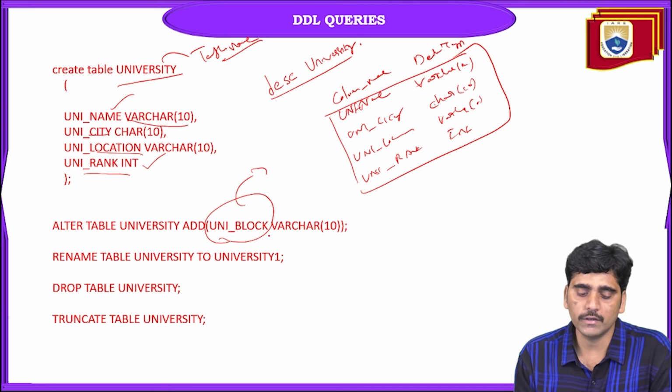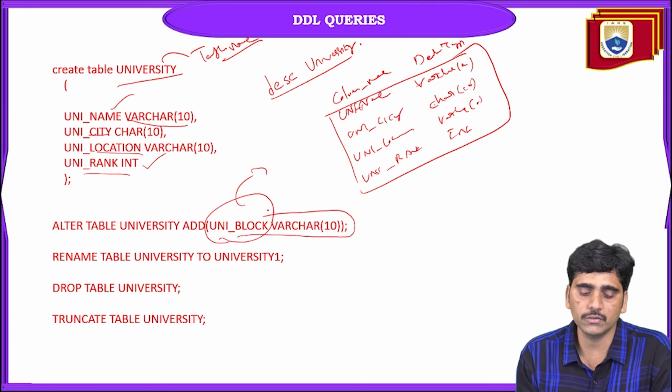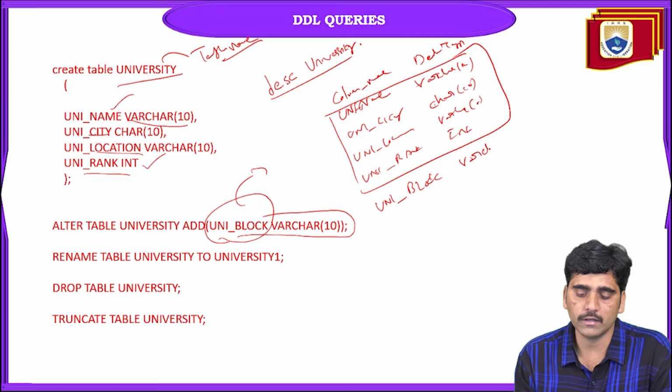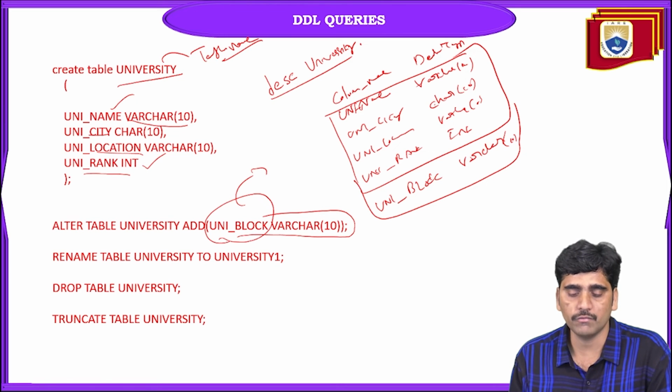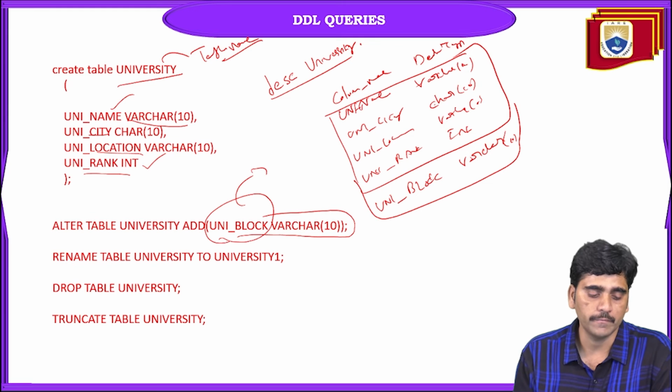After this command is executed, university underscore block will be added with the varchar data type. So along with this university block, a total of 5 columns will be added.